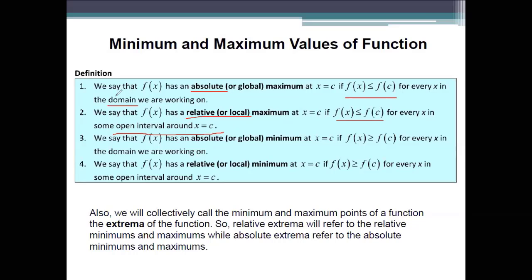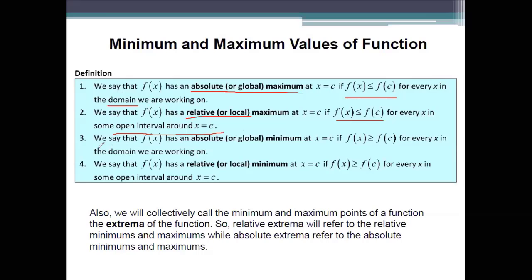In the first sentence we define the absolute or global maximum, so it is for every x in the domain. In the second case, we define the relative or local maximum, so it is for every x in some open interval around the point c. So the difference between them is the domain versus the open interval around c.